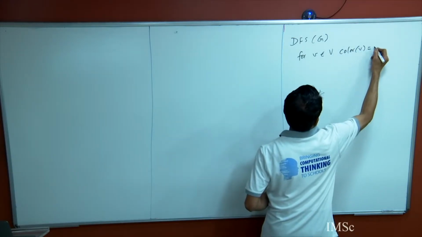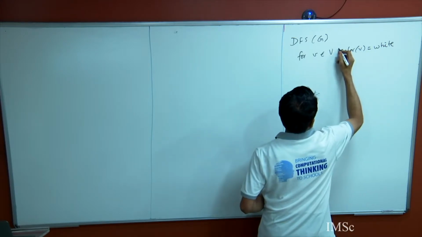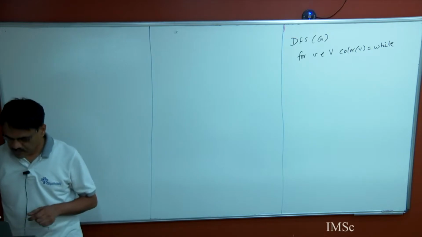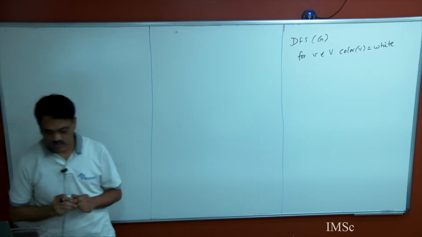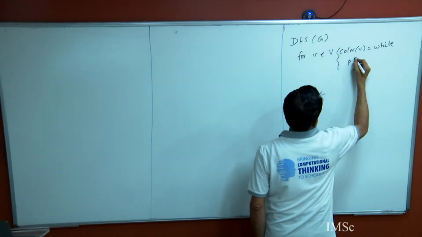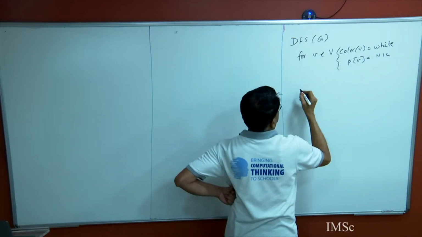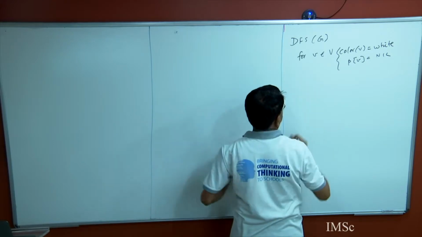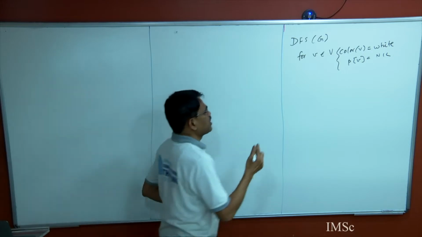We first color them white, and we also initialize the parent pointer. First we color them white, and then I'm going to start exploring from white vertices. This is exactly the way we did it for BFS as well. Right?